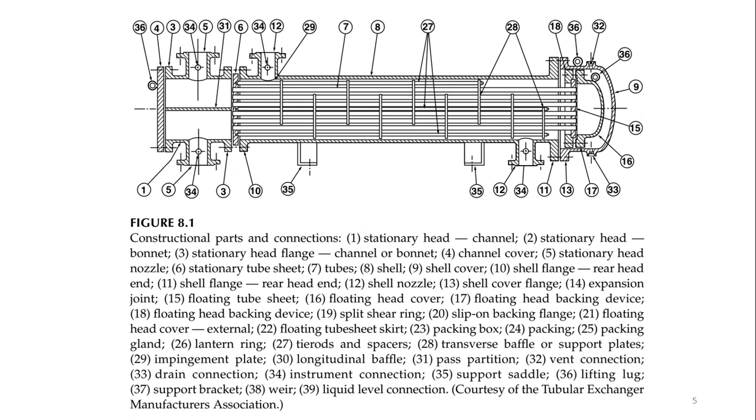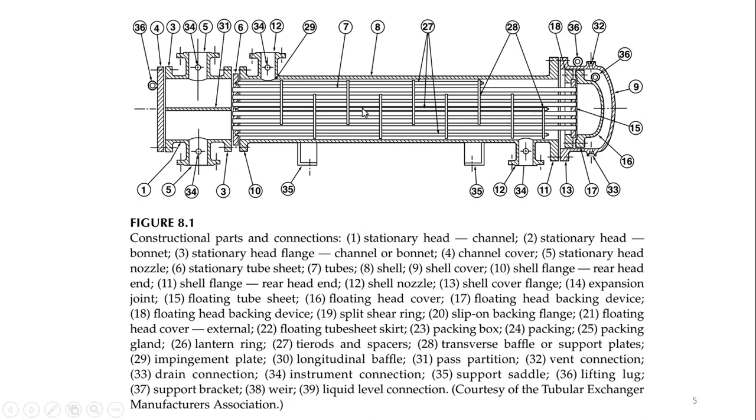The basic components, I'll just explain briefly: it has a front head and a rear head, it has a shell which has a specific type, it has baffles, and it has tubes, and tubes have different layouts.